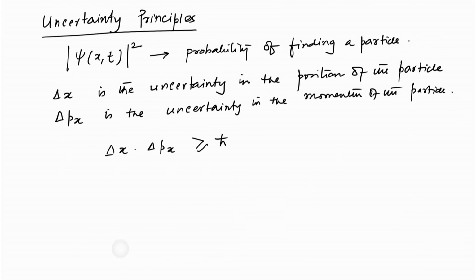And the uncertainty in the momentum and the uncertainty in the position are related by this, where h cross is Planck's constant. Similarly, there are other uncertainty principles as well, like the uncertainty in energy and the uncertainty in time, which are also related by this.